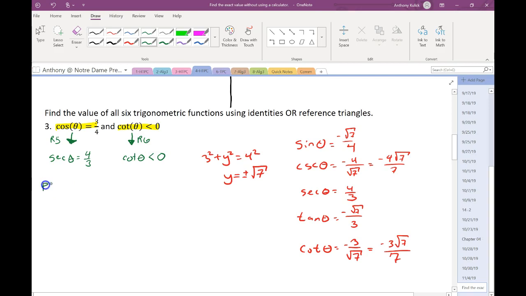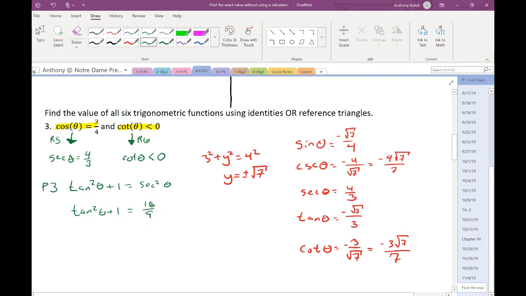So I'll use P3 again. When I plug 4/3 in for secant squared, I get 16/9.